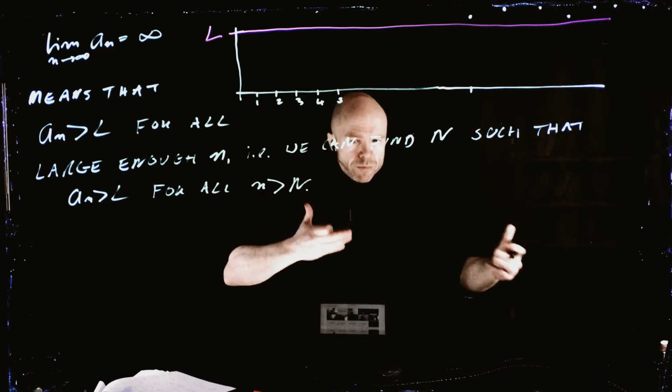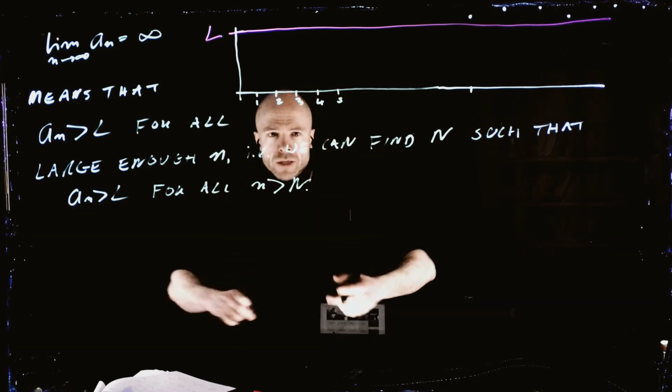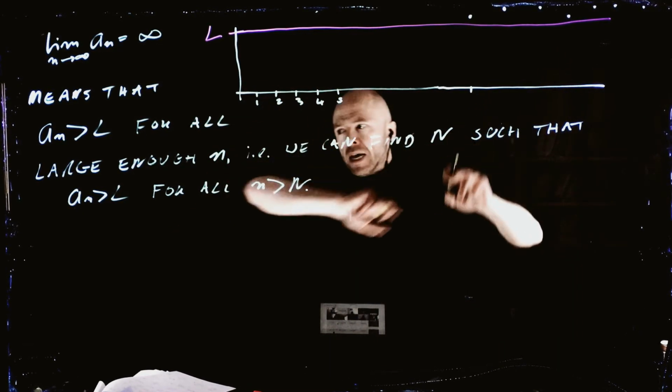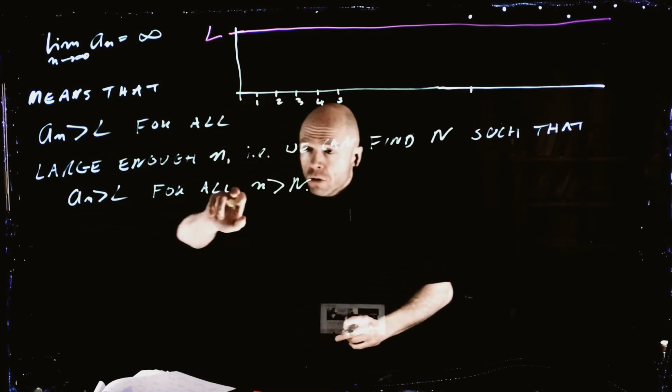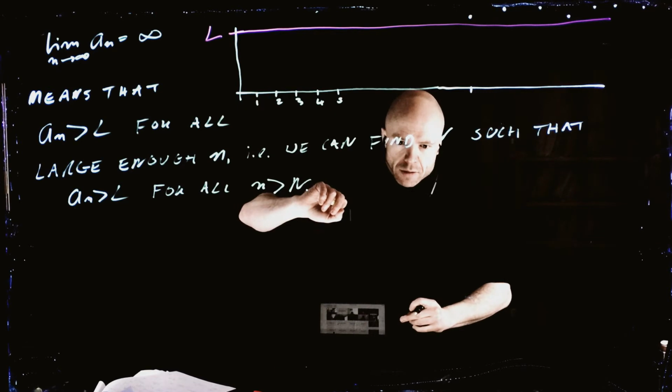If we express this more precisely in the language of math, that means that we can find some capital N such that a_n, little n, is bigger than L for all little n bigger than capital N.